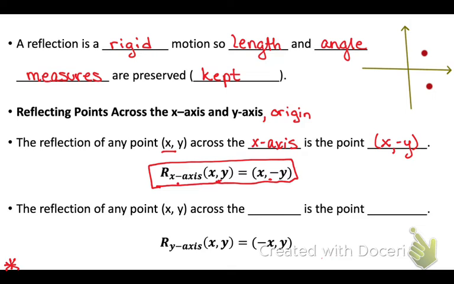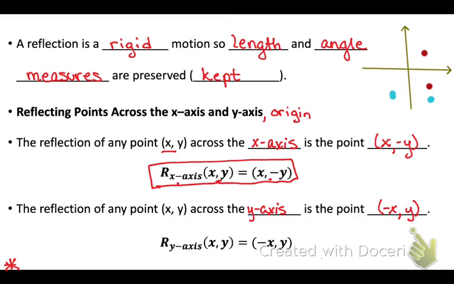Okay. So now we got to do the y-axis. If I take this point here and I reflect it over here, the x changes, right? Okay, so a reflection of the point x, y across the y-axis is negative x, comma y.